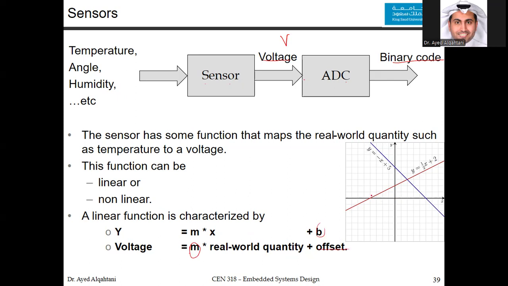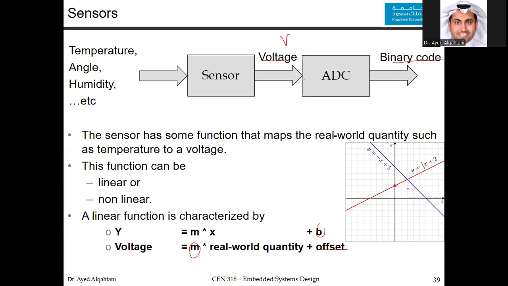Here are some examples. This is y equals half x plus 2. You can see that the y-intercept is equal to 2, so that's 0, 1, and 2. And the slope is half. So the slope of this red line is actually positive, as you can see here.